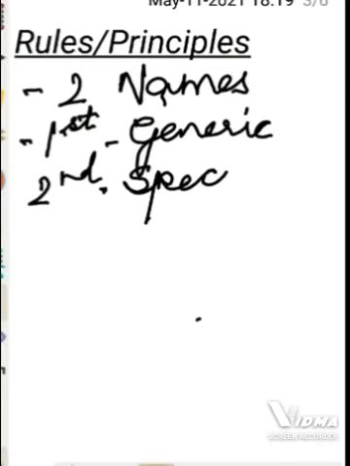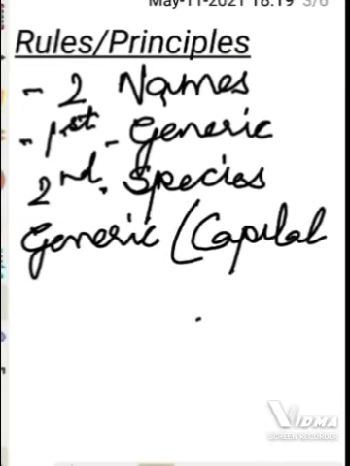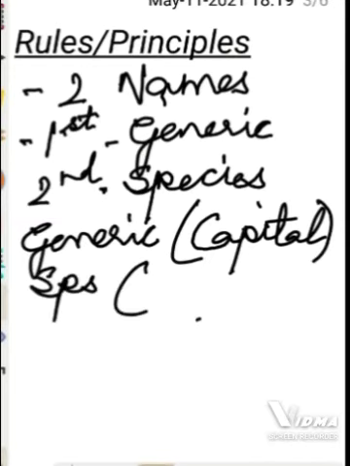The generic name always starts with a capital letter, whereas the name of the species starts with a lowercase, that is small letter. So that's the first rule. Two names, that is the binomial name. The first name is the generic name. The second name is the name of the species. The generic name always starts with a capital letter, whereas the species name or the specific epithet starts in lowercase.